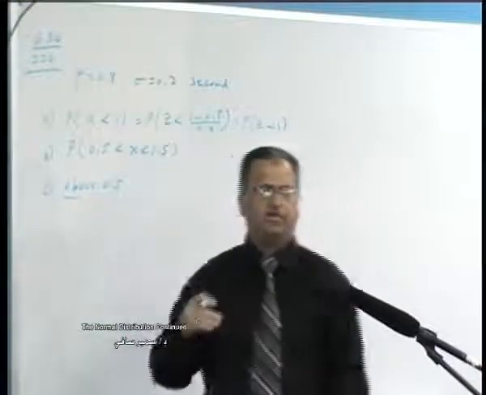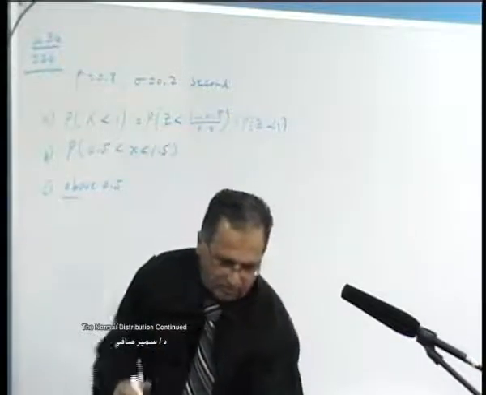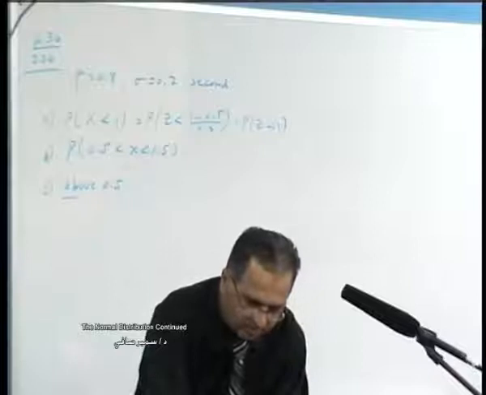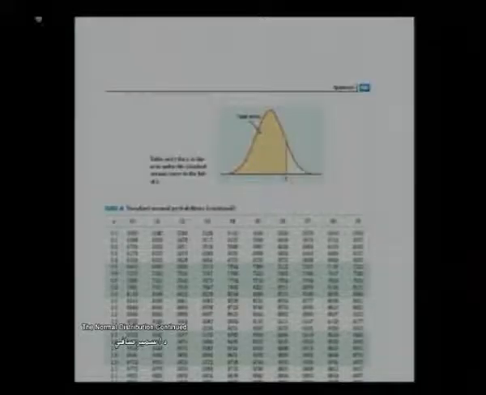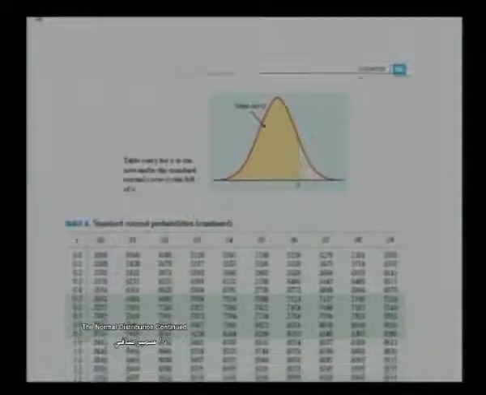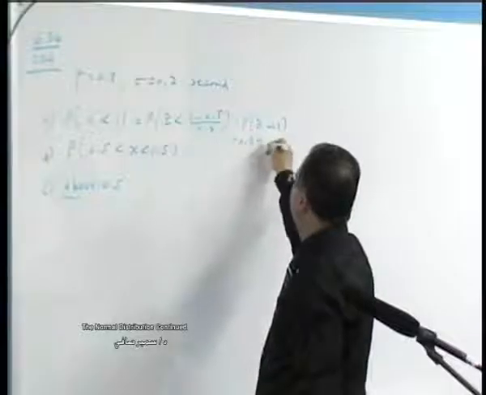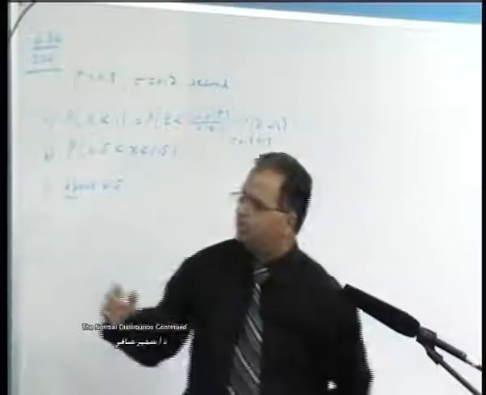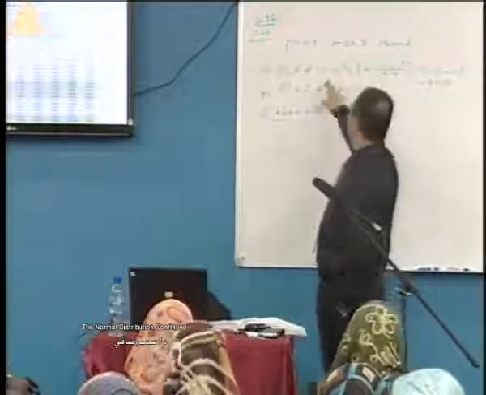Now by using the normal table, for 1 it is 0.8413. This is the probability that a download time is smaller than 1.